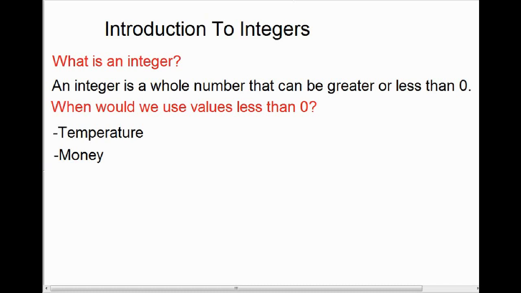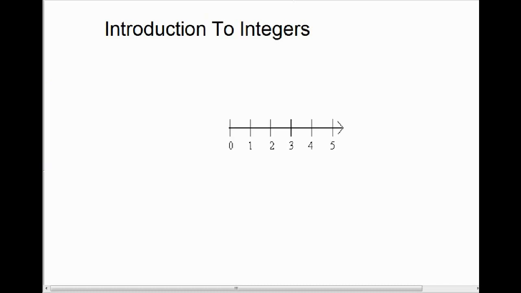There are several others. One powerful tool that we use to help us understand how integers work is a number line. And again, typically, you've seen number lines before, but up until about grade 7, most of the time you're looking at values that are greater than 0. And when we draw a number line, the values that are greater than 0 are always to the right of 0.